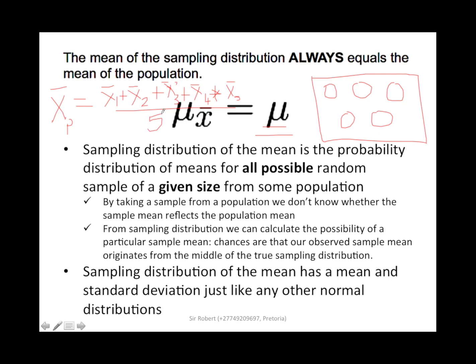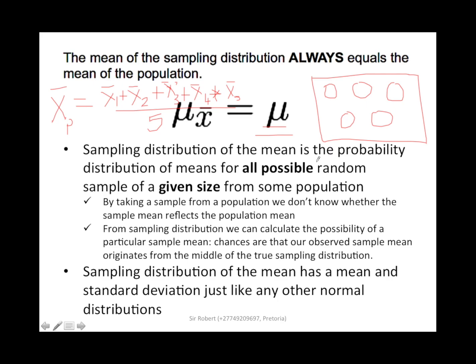So we are getting the mean of the means, the means of samples 1, 2, 3, 4, 5. When you get the mean of the means, we are averaging those means to get the population mean. That's what we are saying.